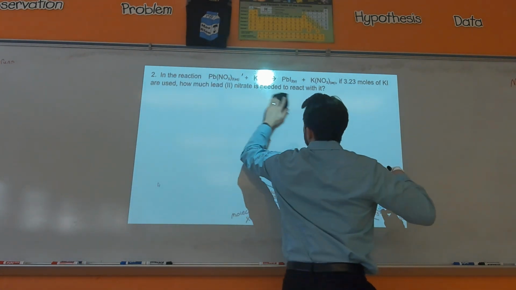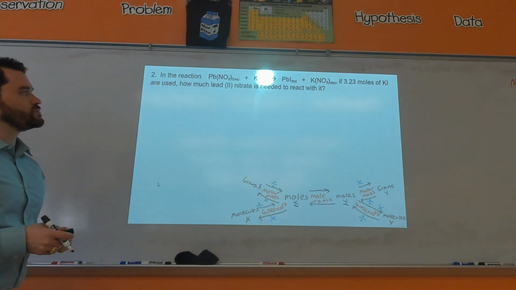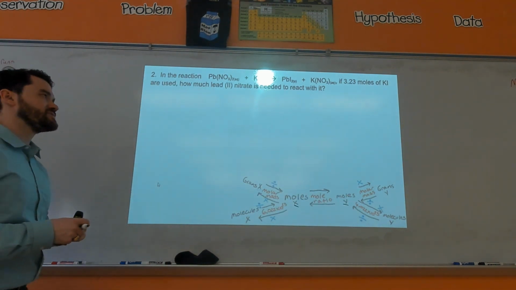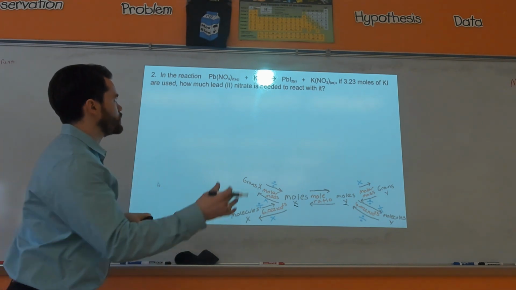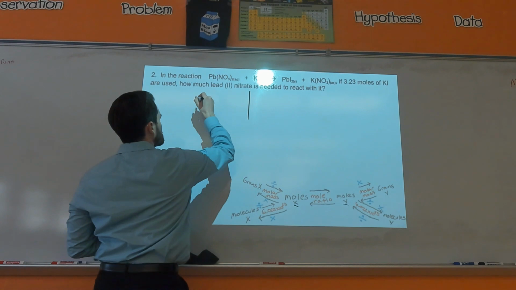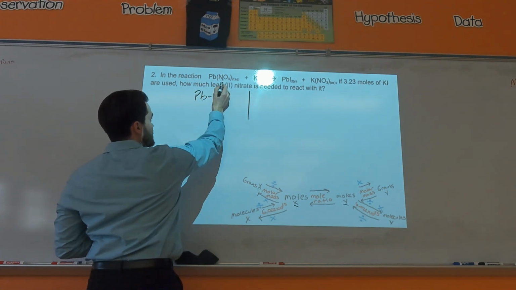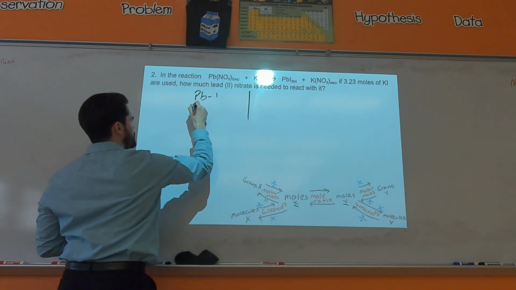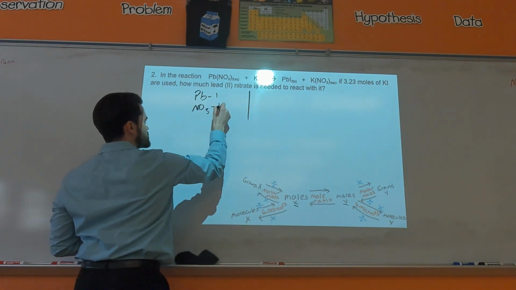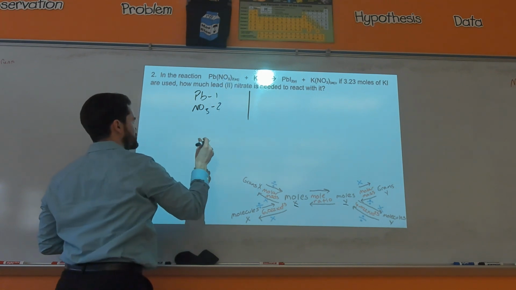So let's look at another example. We have Pb(NO3)2 plus KI gives you PbI2 plus KNO3. So we've got to balance the equation first. In my reactants, I've got 1 lead. Now you see nitrate here and here, so we can keep those together. You've got 2 nitrates in the reactants.